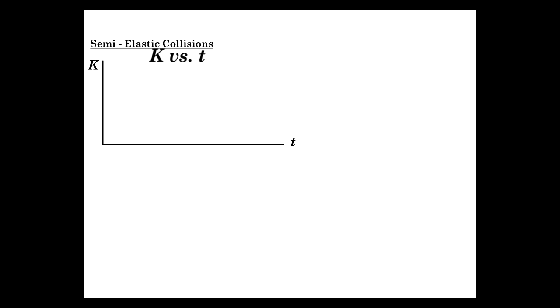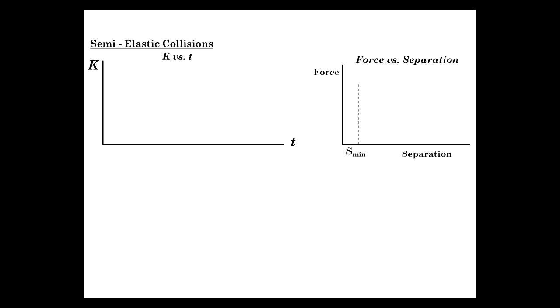And now let's consider semi-elastic collisions. And getting used to this now. We have a kinetic energy time graph, and we have a force separation plot that as they come together, the force increases in some typically complex way.